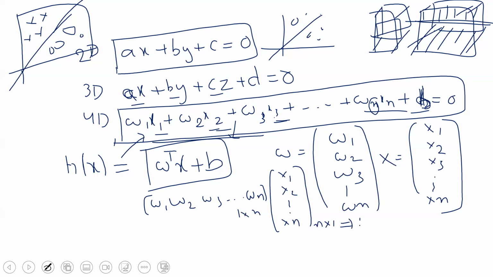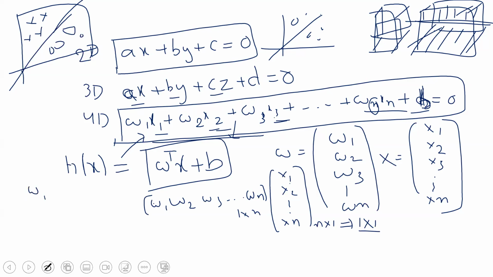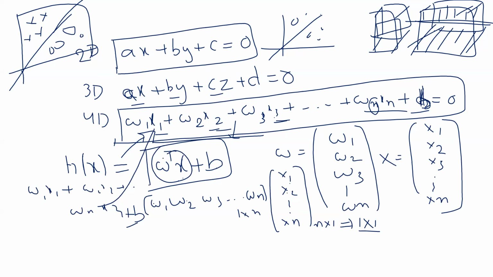So the final one would be 1 by 1. What is this 1 by 1? It is w1 into x1 plus w2 into x2 plus, and so on, wn xn. So that is what W transpose X means, and plus B would again give you this equation. So the better representation of the hyperplane is W transpose X plus B. From now onwards, the representation of the hyperplane for us is W transpose X plus B.